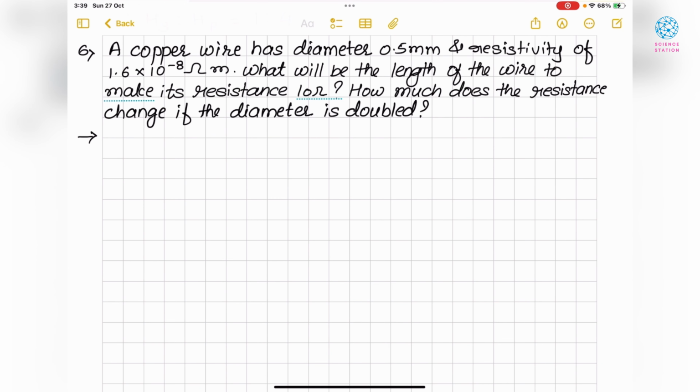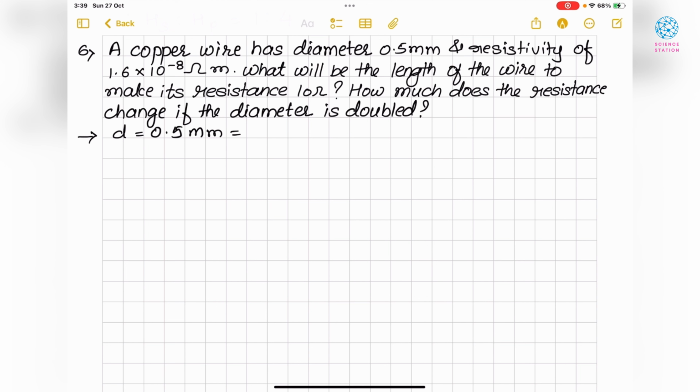Now the sixth numerical says a copper wire has diameter 0.5 mm and resistivity of 1.6 into 10 raised to minus 8 ohm meter. What will be the length of the wire to make its resistance 10 ohm? How much does the resistance change if the diameter is doubled? So here D is given as 0.5 mm.